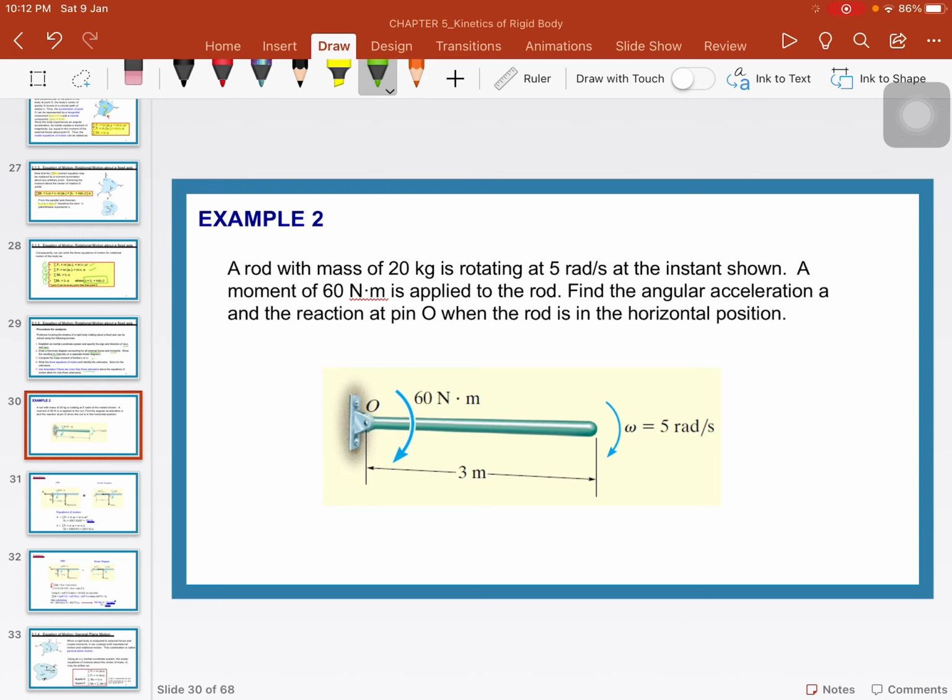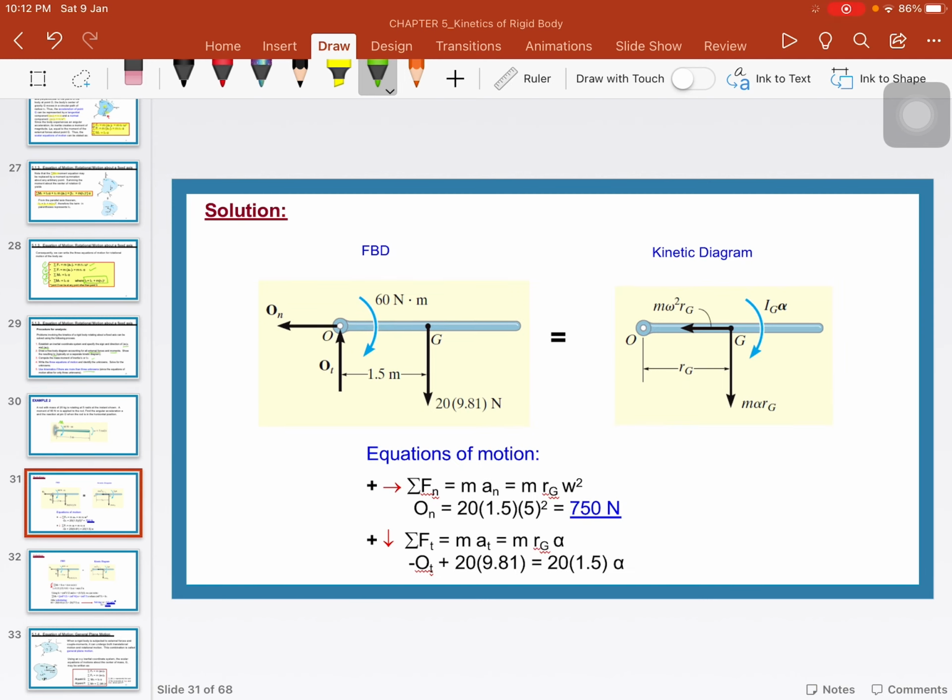So the question gives the moment and also omega. Next, the question gives the length of the rod and also the mass equal to 20 kg.